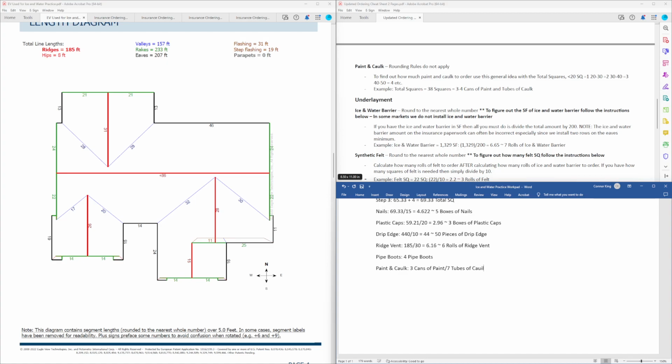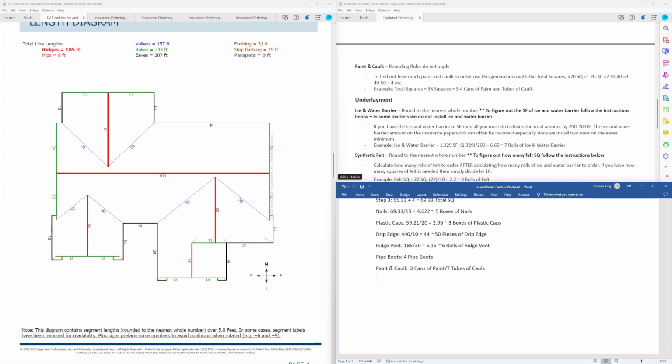Now, something with this, it's not going to save you a ton of money, but it's just going to save a little bit of money, and it's more something just to be thinking about when you're ordering. The reason why I only went with 3 cans of paint on this house is because we don't have any box vents. We only have the 5 pipe boots, and I'm going to pretend for this example that there's not any other flashings on the house.